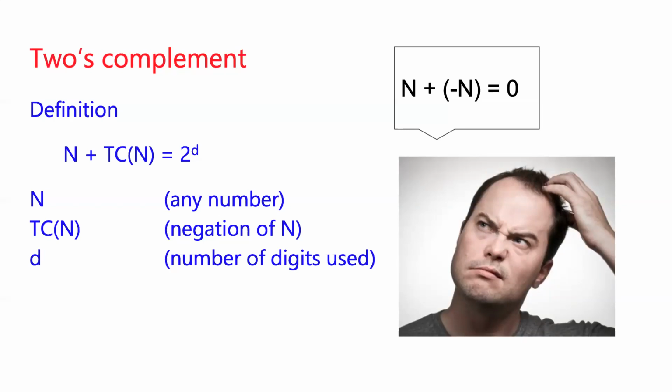N plus the two's complement of n, that's going to be our way of negating n, is effectively going to evaluate to 0. Now, the formula says it's going to evaluate to 2 to the d, but if 2 to the d is 1 with d zeros after it, that 1 is going to be like overflow. It's going to be a bit that we don't even have room to store. So if you can only store d bits, then n plus the two's complement of n, for us negative n, will add up to 0.